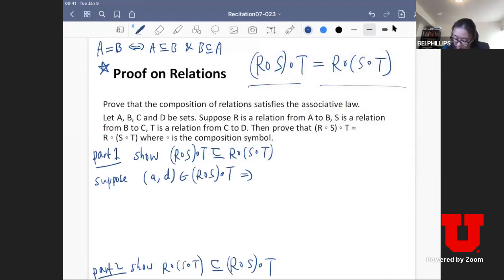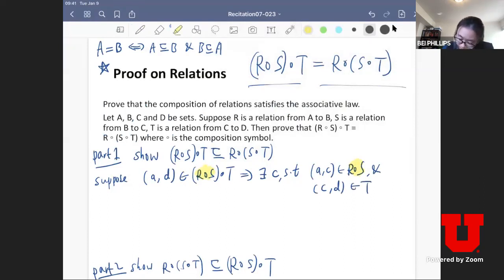This means there exists C such that A of C belongs to the first part of this relation, and C of D belongs to the second part of the relation. This is just using the definition of relation composition.